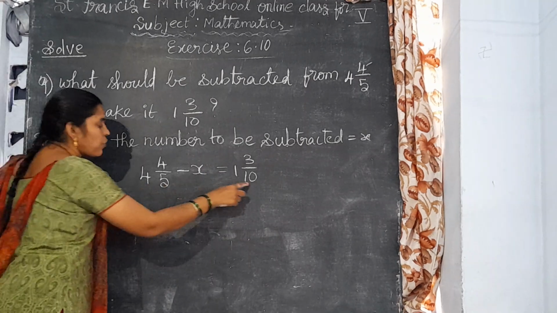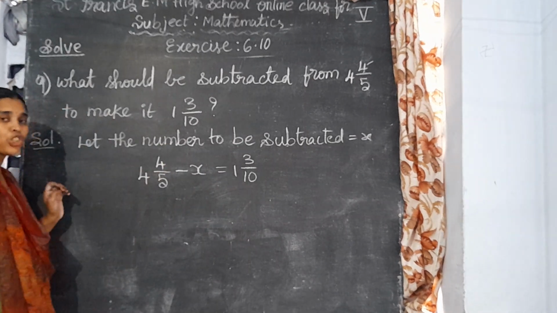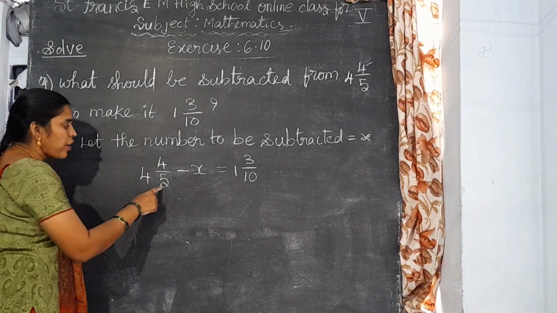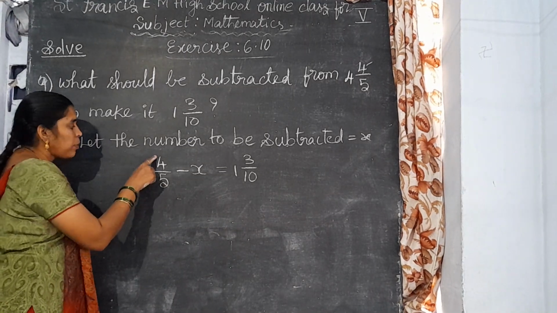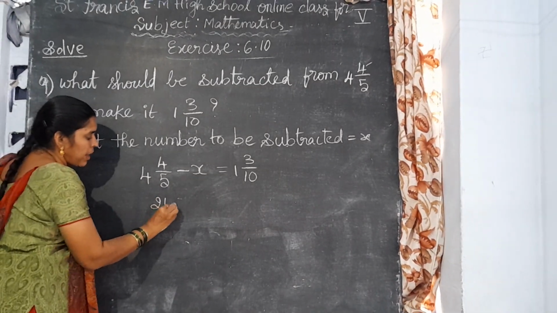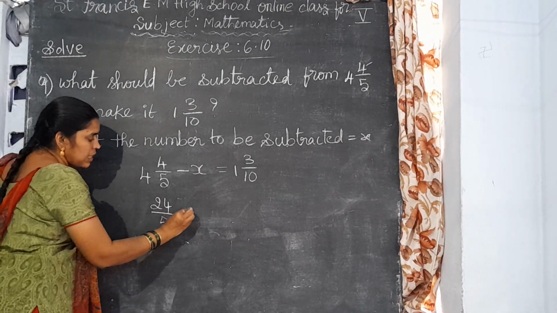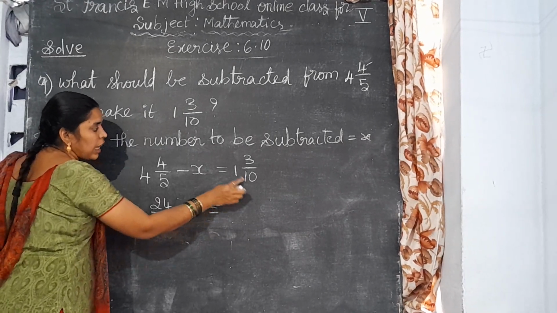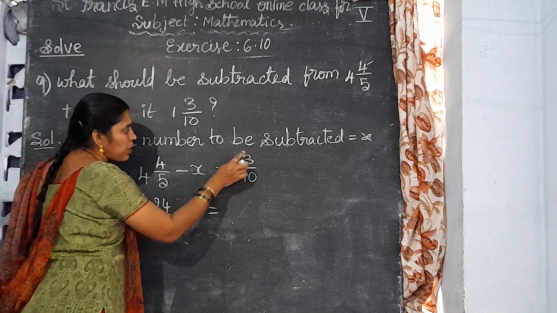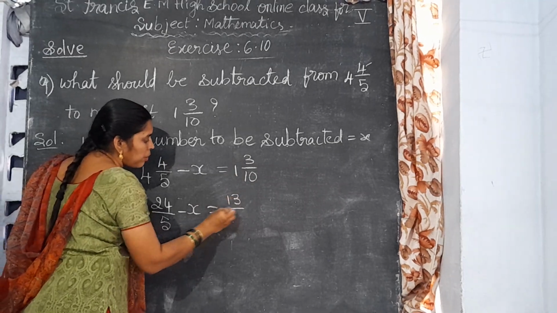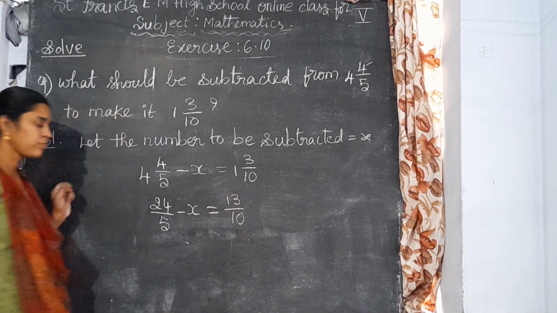Okay, these are mixed fractions. You should convert them into improper fractions. 5 4s are 20, 20 plus 4, 24 by 5 minus x is equal to 10 1s are 10, 10 plus 3, 13 by 10.